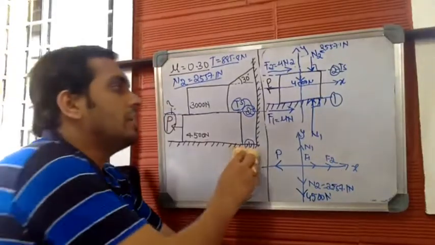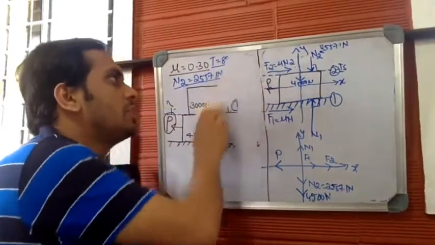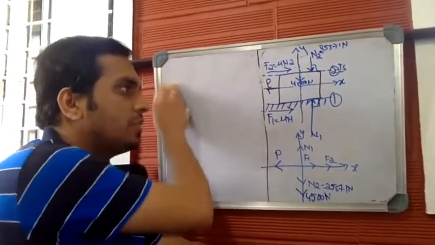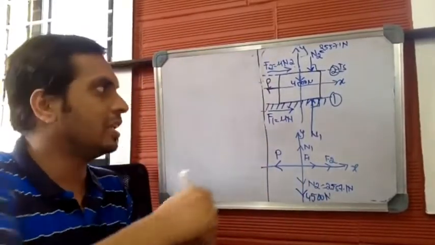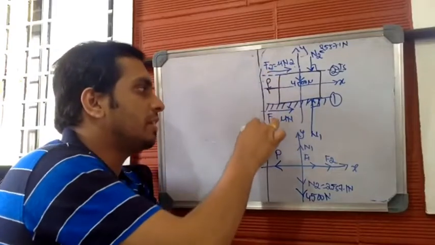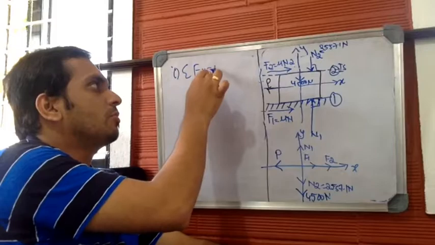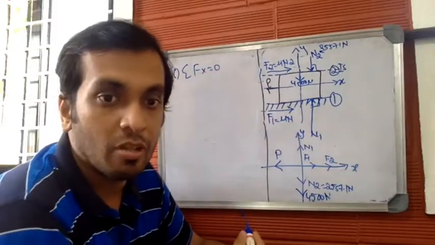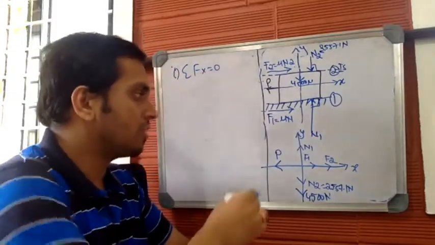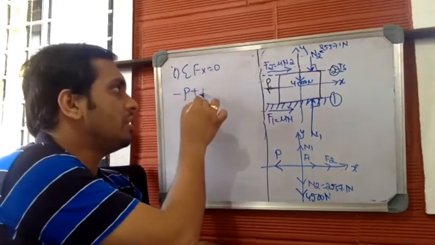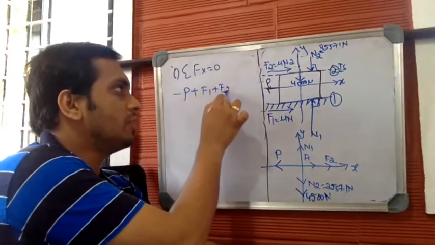Once we draw the free body diagram, we have to apply the conditions of equilibrium. The first condition of equilibrium is summation of Fx equal to 0. How many forces do we have in the x direction? It is minus P plus F1 plus F2 is equal to 0.